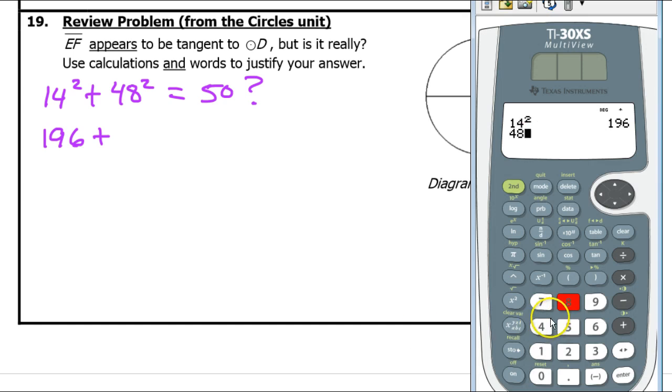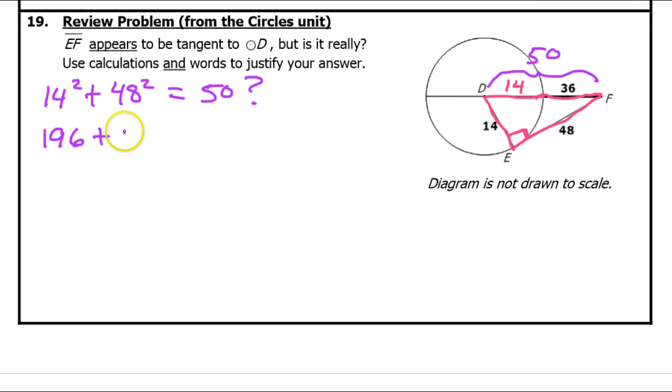Okay, 48 squared is 2,304. Okay, 50 squared is going to be 2,500. All right, are these equal? Question mark.